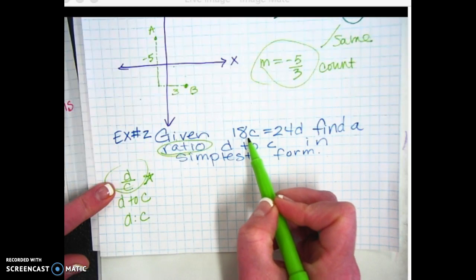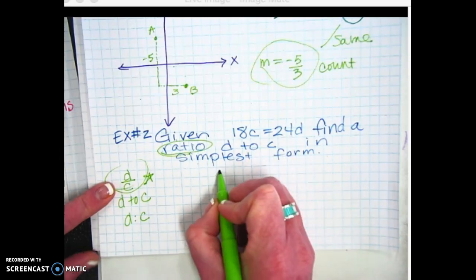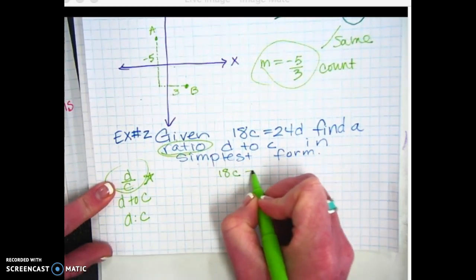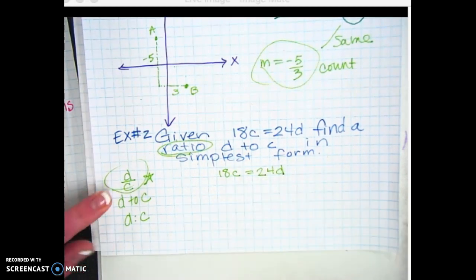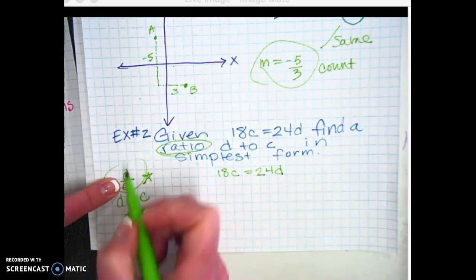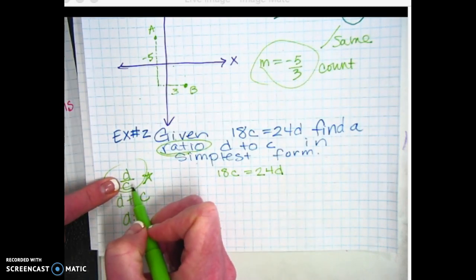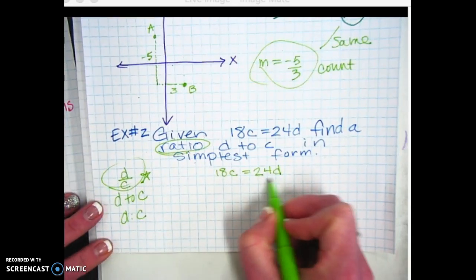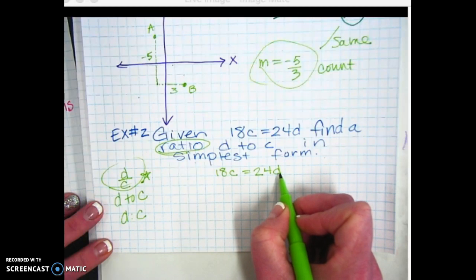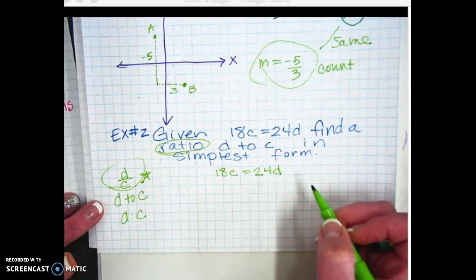Notice it's 18C equals 24D. So we're going to recopy the equation 18C equals 24D. And basically, we want to get the D in the numerator and the C in the denominator. So if I look at where the D is at over here, it's already in the numerator, right?